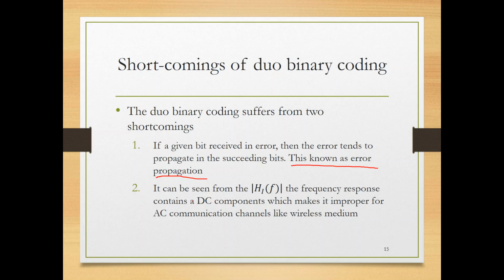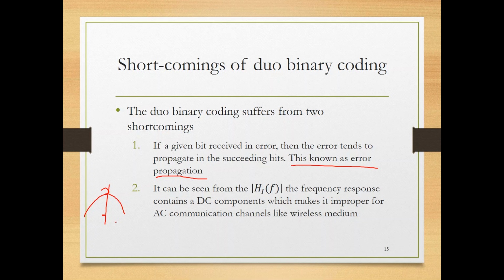The second problem, it cannot be transmitted over a wireless channel. Why? Anybody can know why? Because when we drew the amplitude frequency response, we noticed that at frequency equal to 0, we have maximum amplitude 2.